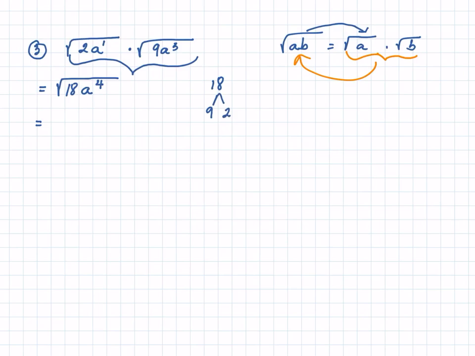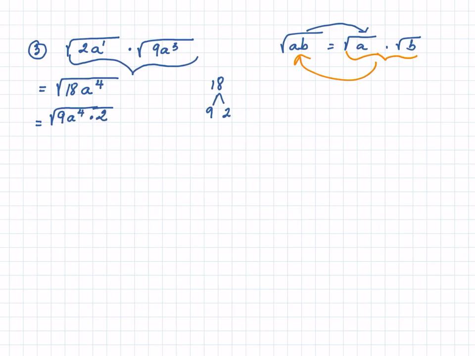And then a to the 4th power, since it's an even exponent, remember we just talked about exponents at this point, it is a perfect square. So what I can do is I'm going to take it back out. So thus I'm pairing the 9 is a perfect square. The 2 is not a perfect square. So I just leave it by itself.